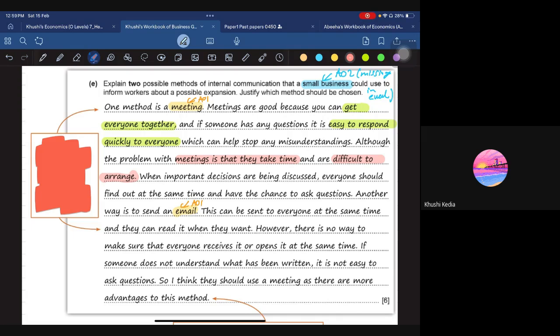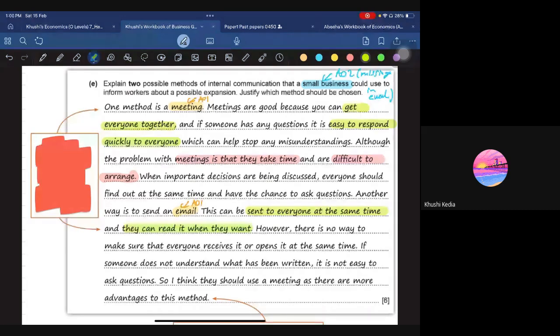But what I am focusing on right now is the second part, the email. Has he talked about any advantage? Yes, it can be sent to everyone at the same time and they can read it at their own convenience.